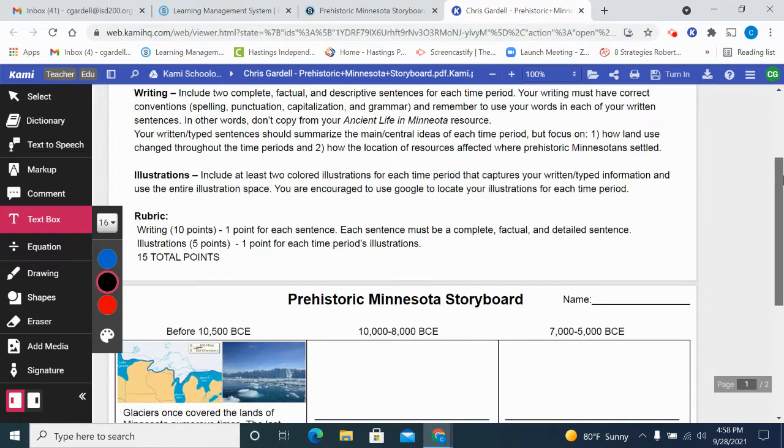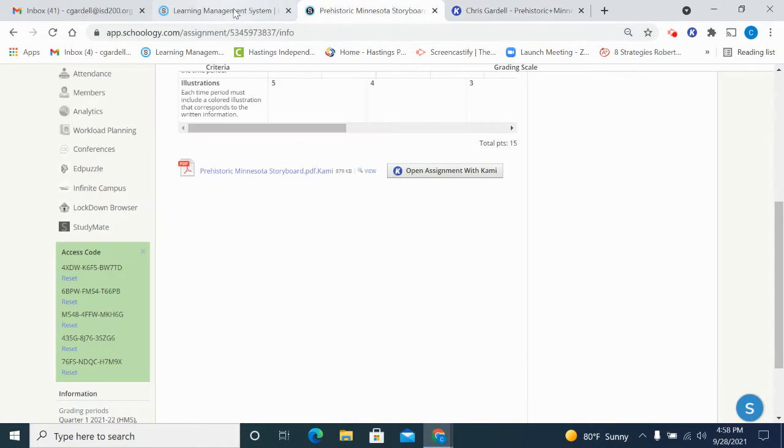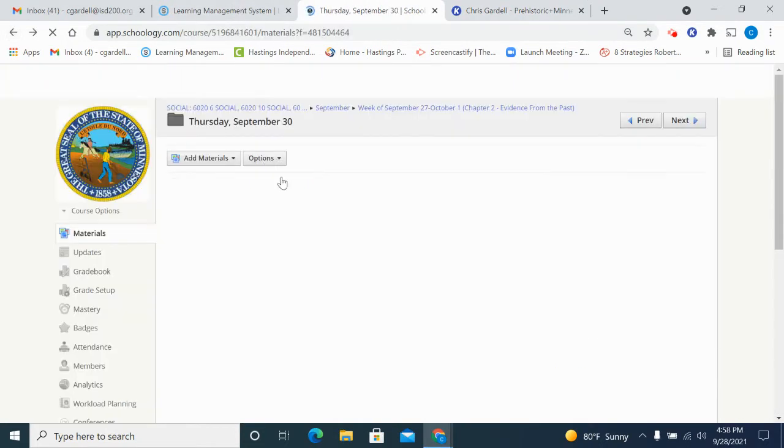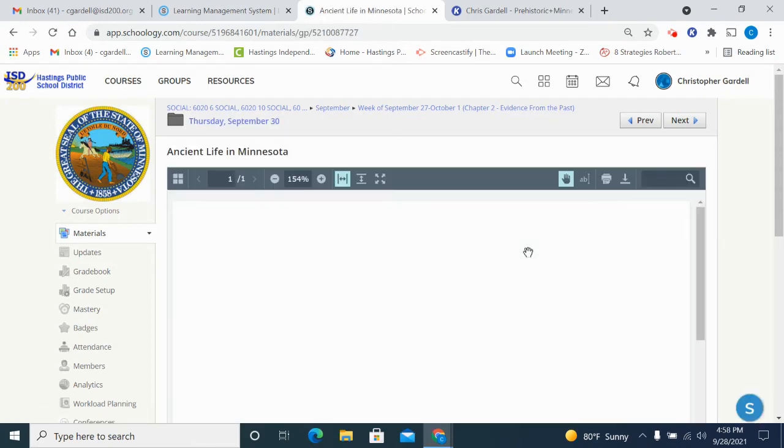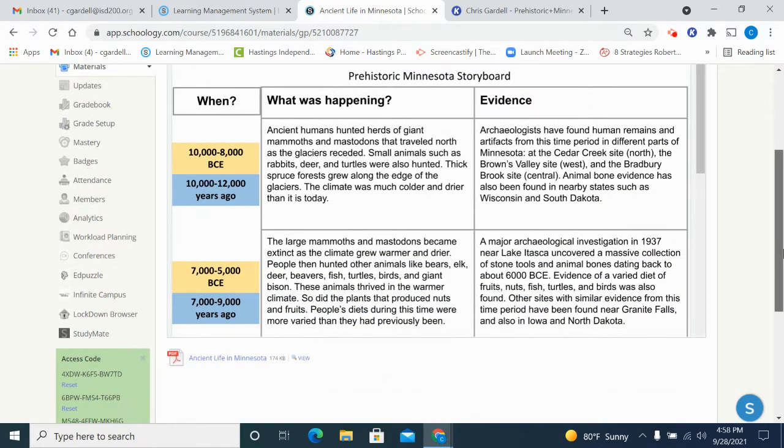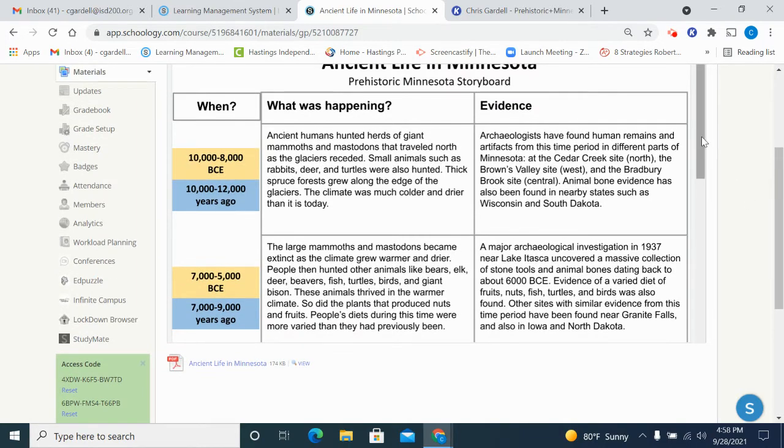I just want to go back into our folder for Thursday, September 30th and point out that this Ancient Life in Minnesota document is broken apart based on time periods. Really what you're going to focus on is the column of what was happening.